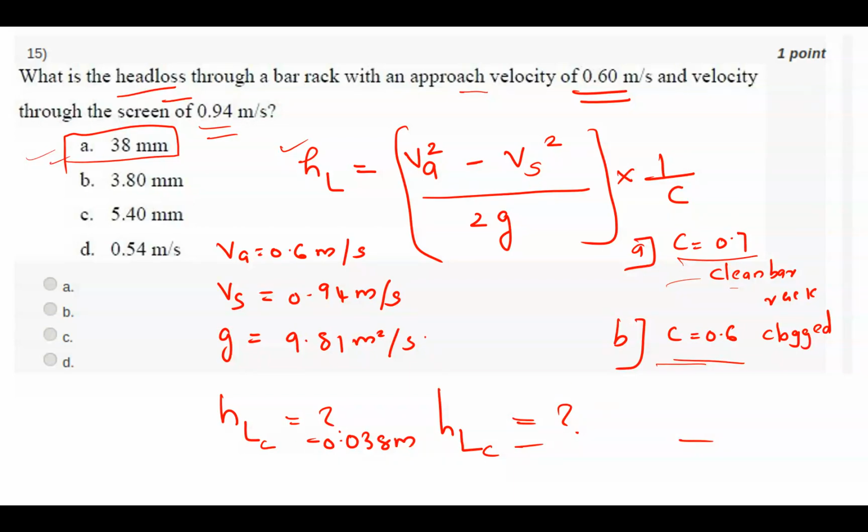Then if it's clogged, then I may get minus 0.44044.